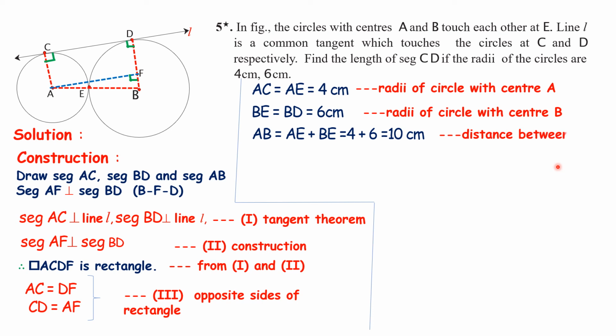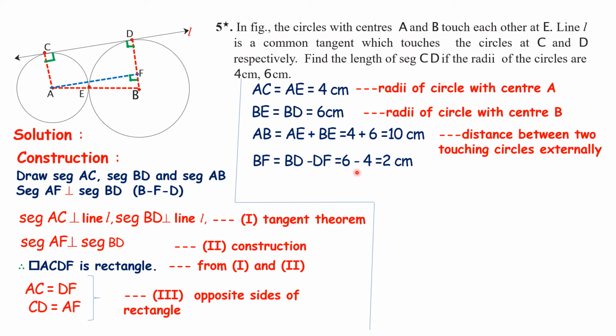Write down the reason: distance between two circles touching externally. Now find out BF. BF is equal to BD minus DF. DF is equal to AC, that is 4, so 6 minus 4. BF is equal to 2 cm.